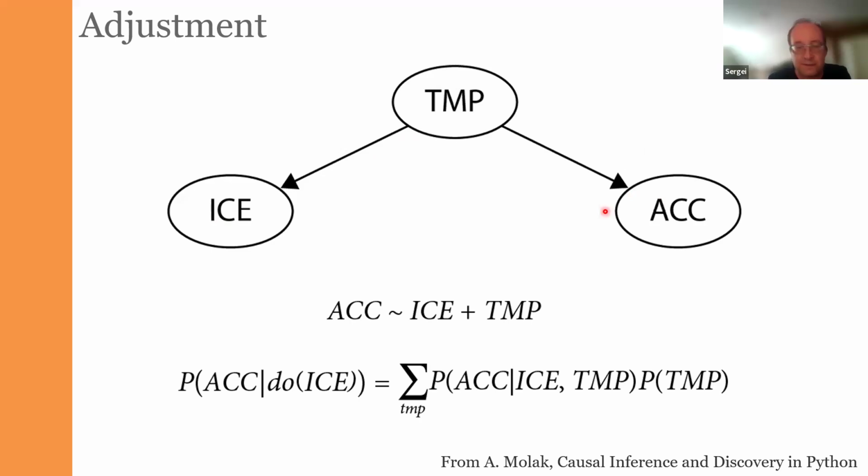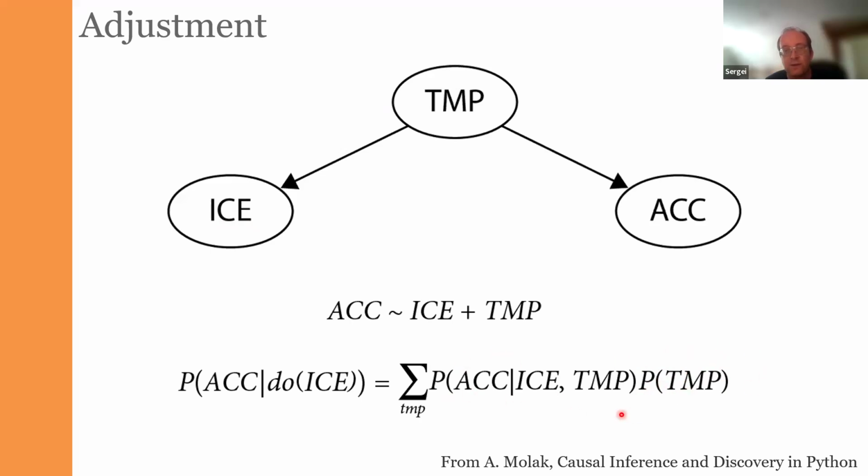In this simple example, there is a thing called the adjustment formula. The adjustment formula basically says that if we want to find out how ice cream affects accidents, we need to calculate the following formula. We need to find the conditional probability of accidents as a function of both temperature and ice cream, and multiply it by the probability of the specific temperature.